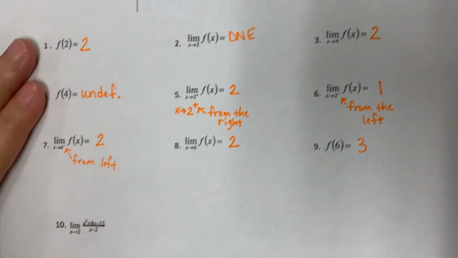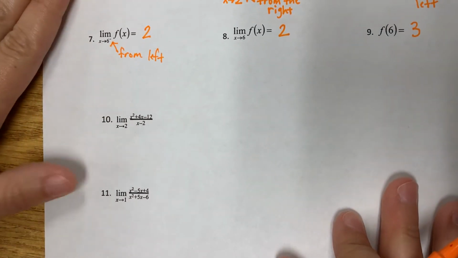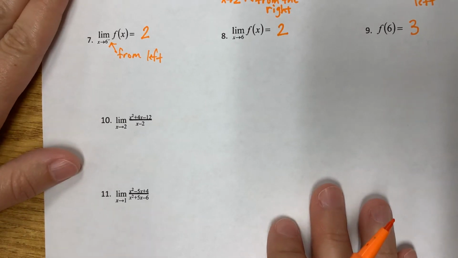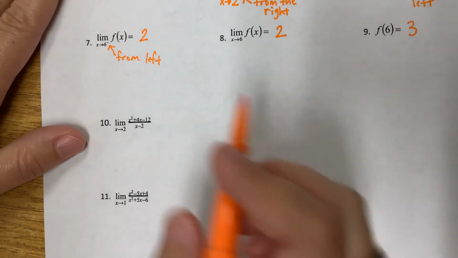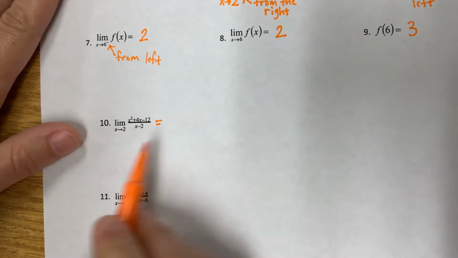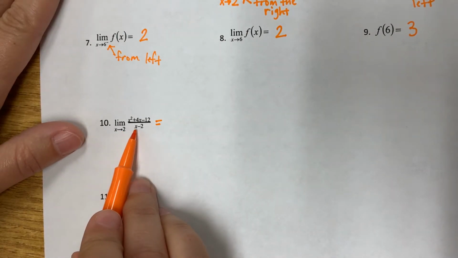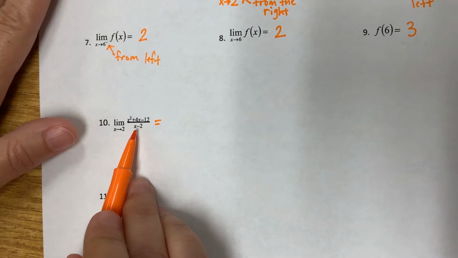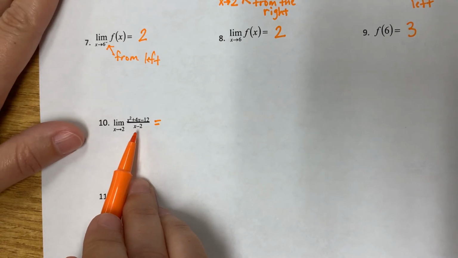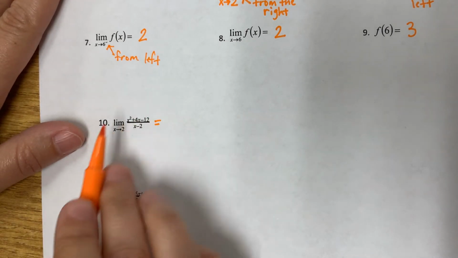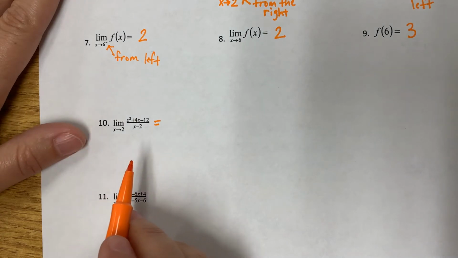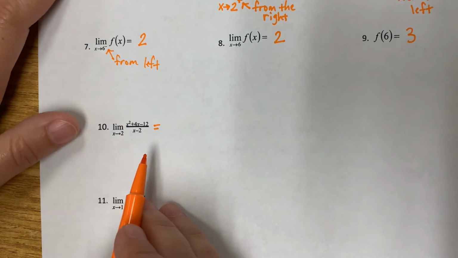Then we get into evaluating these limits analytically. So we're going to have to use some algebra here. On this first one, if I take x equals 2 and I just plug it straight in, my denominator would be 0. Now on the quiz, you do not have to show me that work. You don't have to show me that it's going to be an indeterminate form like you did on the homework.